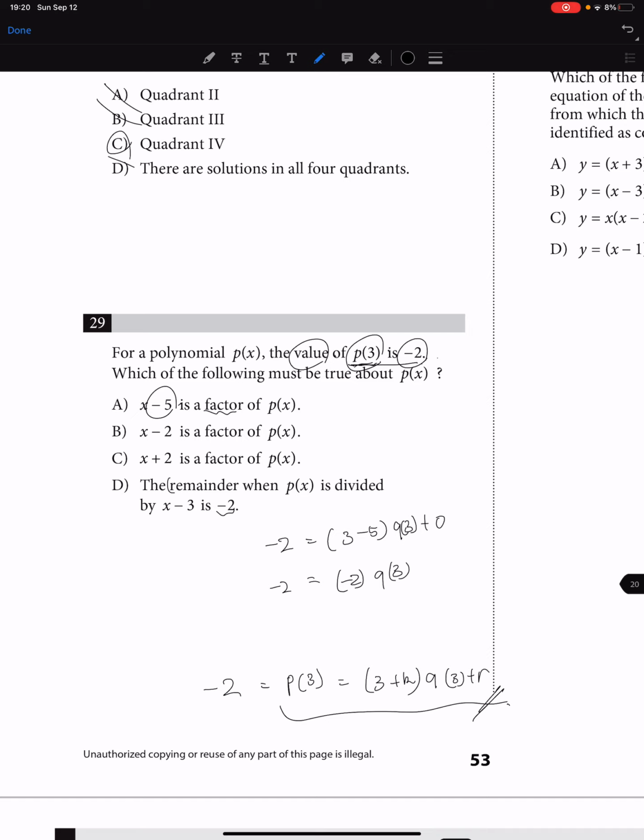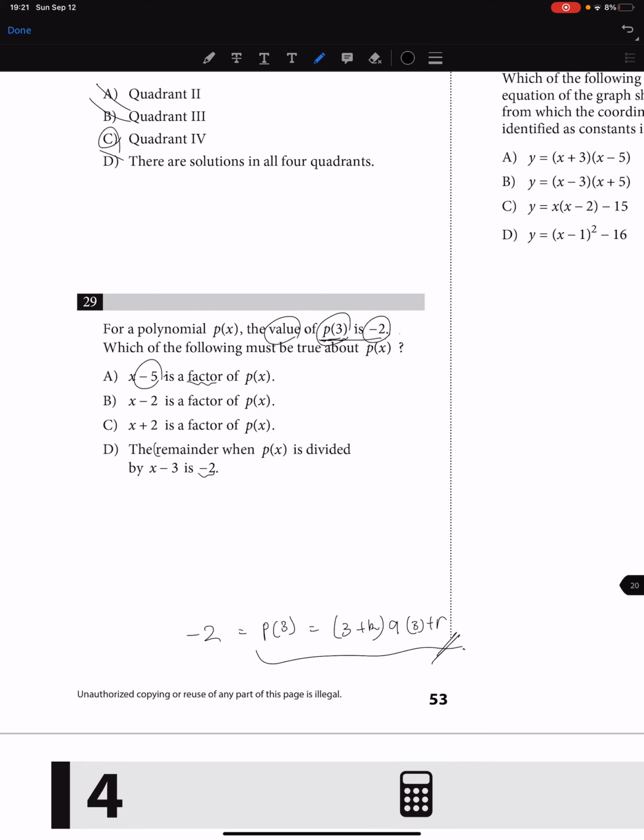But this could be true only when q(3) is 1. So the value of the quotient is limited. That's what I mean. But the equation should be true for all values, no matter what this is. So I think we could say the same thing for all these values by plugging in the value. It is limited.